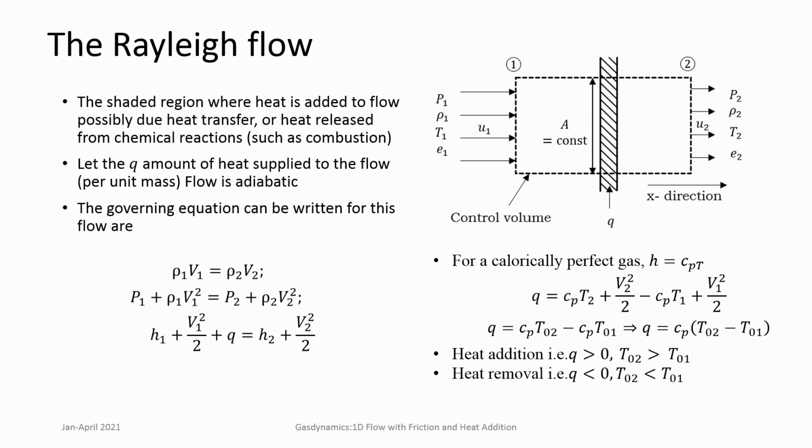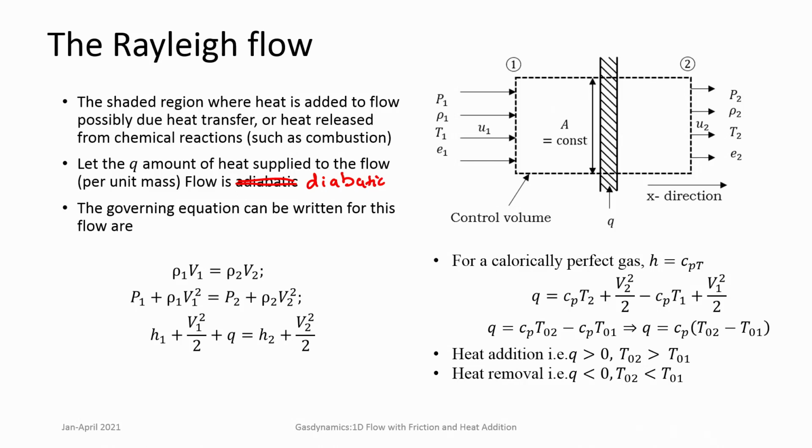And let us take Q as the amount of heat supplied per unit mass. So, the flow is not adiabatic, it is diabatic, that is, it allows heat transfer to happen.